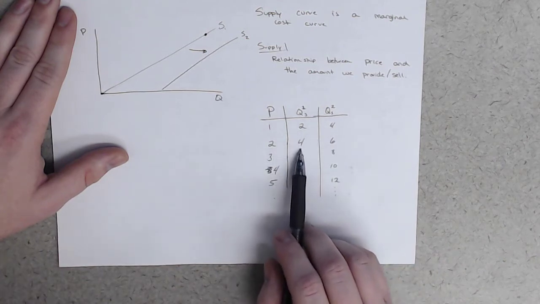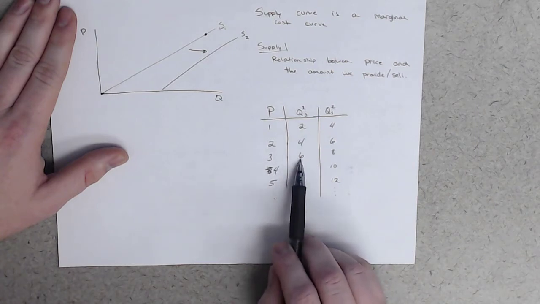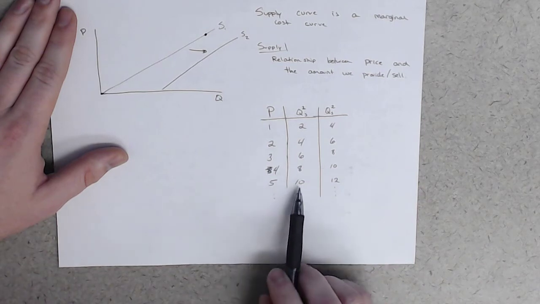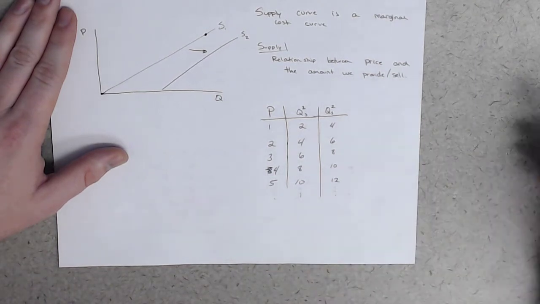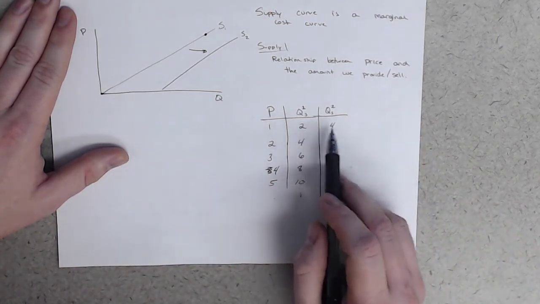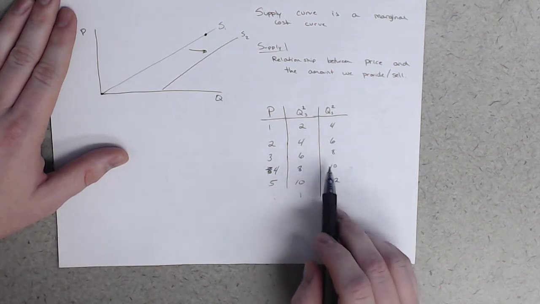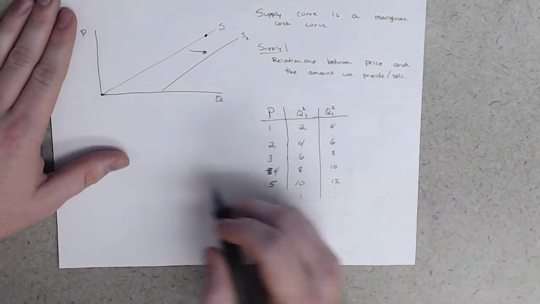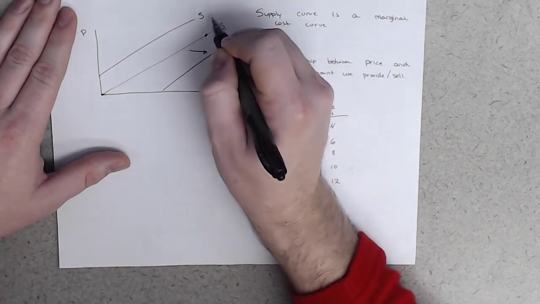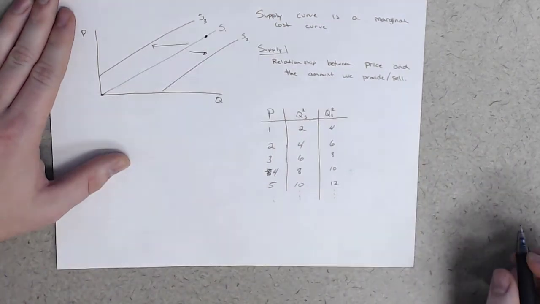At a price of 2, we used to provide 4. Now we're willing to provide 6. At 3, 6, now 8. At 4, used to be 8, now it's 10. At 5, used to be 10, now it's 12, and so on and so forth. So when supply increases, what it's saying is that this number is bigger than this number, and so on. If supply were to decrease instead, so let's say this is supply curve 3, and so we move that way.